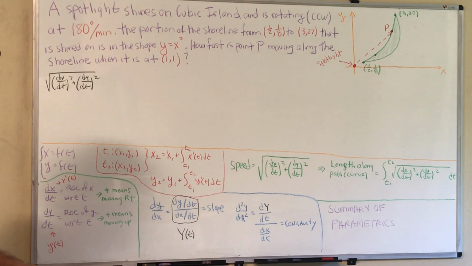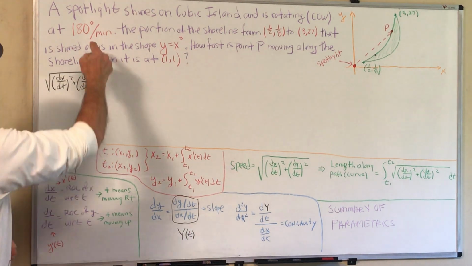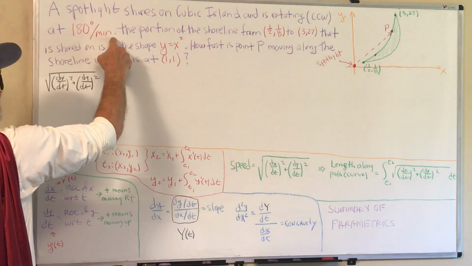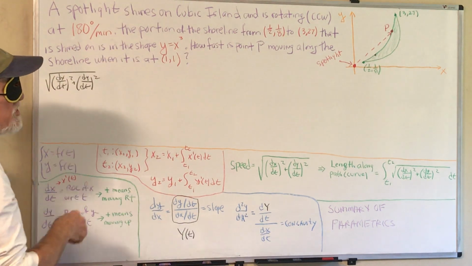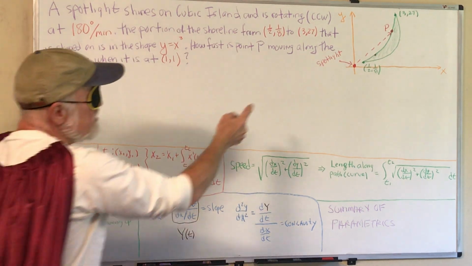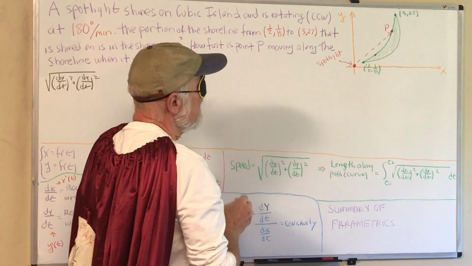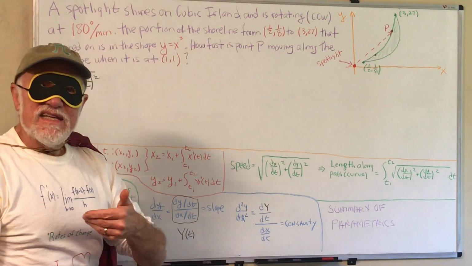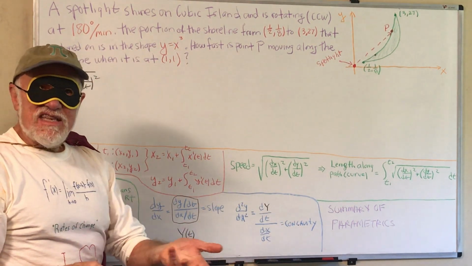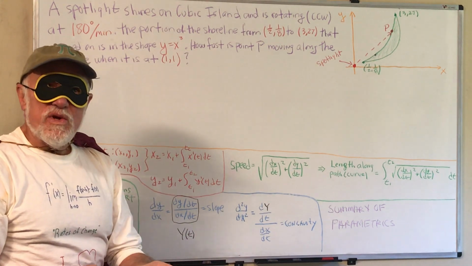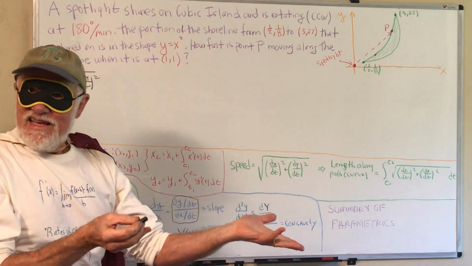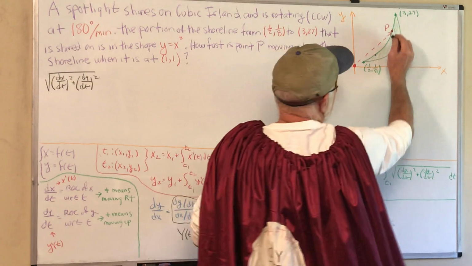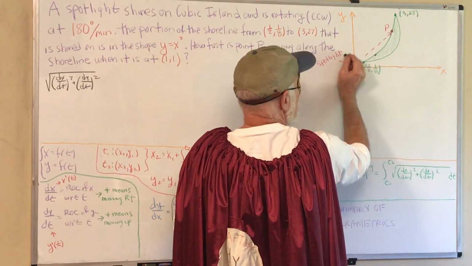And those are both rates of change. And I see the only rate of change I have is right up here. And that's what? That's the rate at which the angle is changing on this spotlight. So somehow I have to relate dx/dt and dy/dt to d theta/dt, where theta is the angle that this is making.